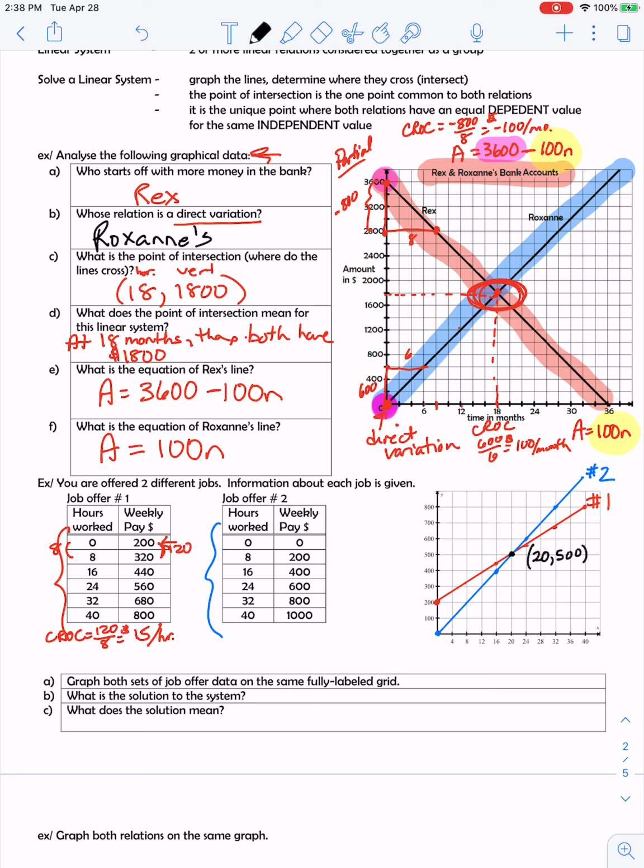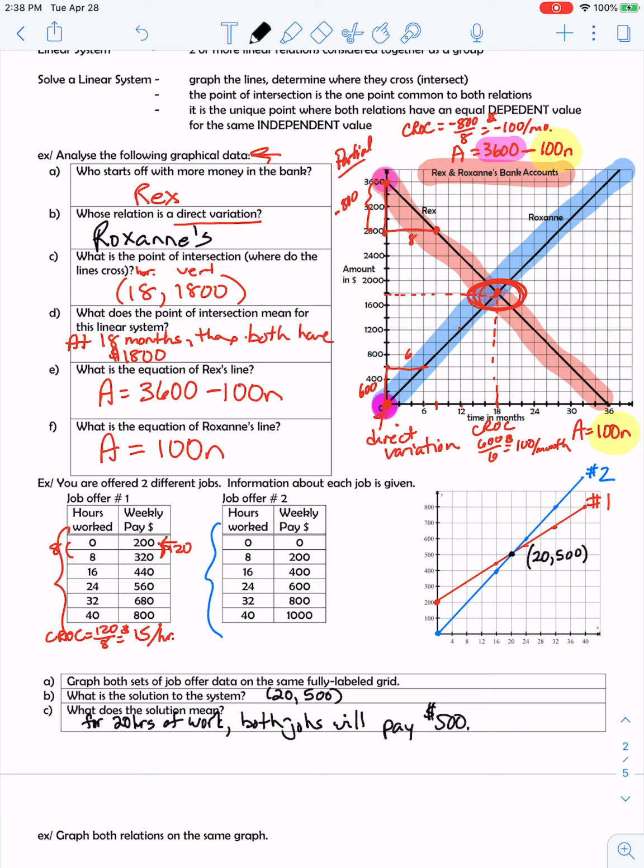So the solution to the system is the point 20 and 500. And in this case, what does that solution mean? Well, it means that for 20 hours of work, both jobs will pay $500.